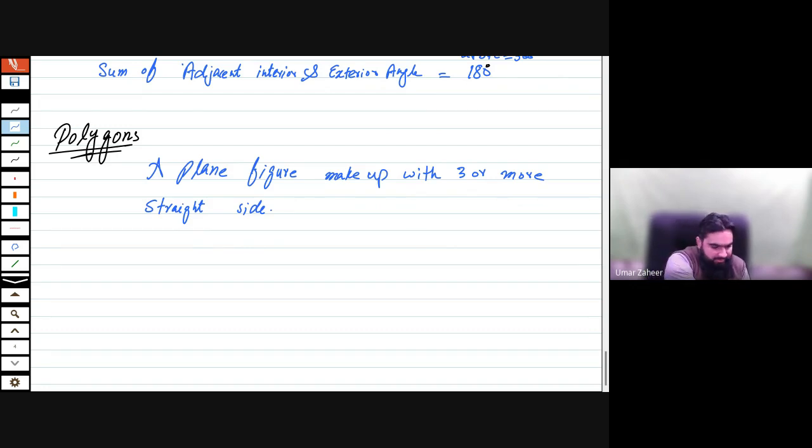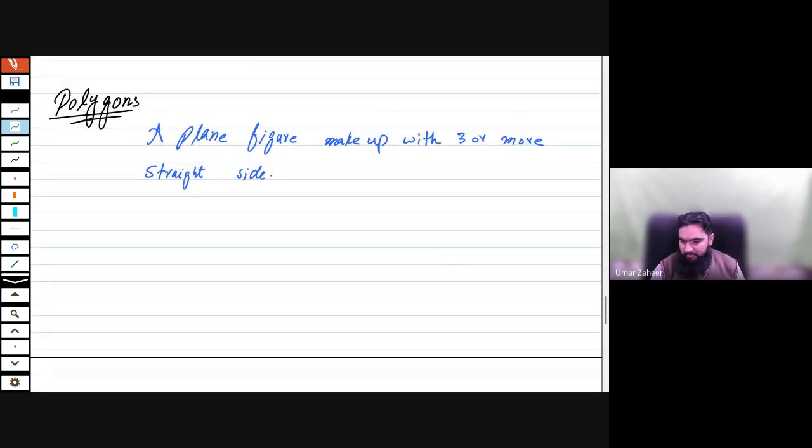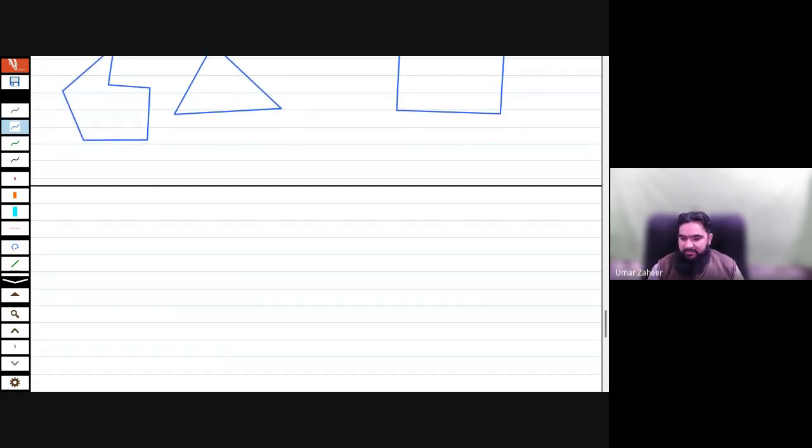Okay, now we have two types of polygons. It is a polygon, it is a polygon, it is a polygon. Okay, all of these are polygons. Now we have the two types.